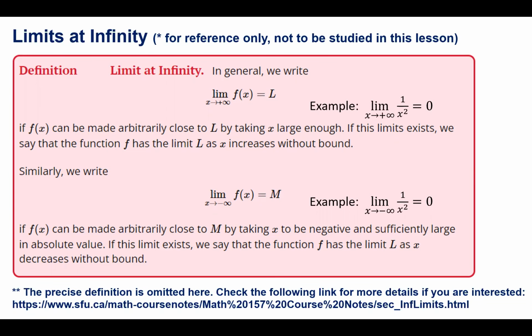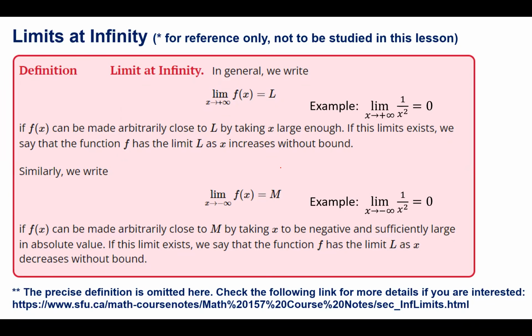So in general, we write the limit of function f(x) when x approaches positive infinity equals L, if f(x) can be made arbitrarily close to L by taking x large enough. If this limit exists, we say that the function f has the limit L as x increases without bound.